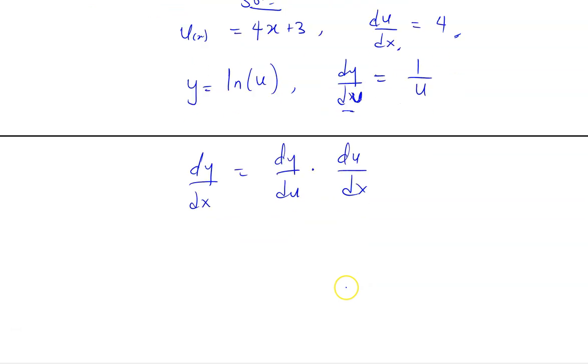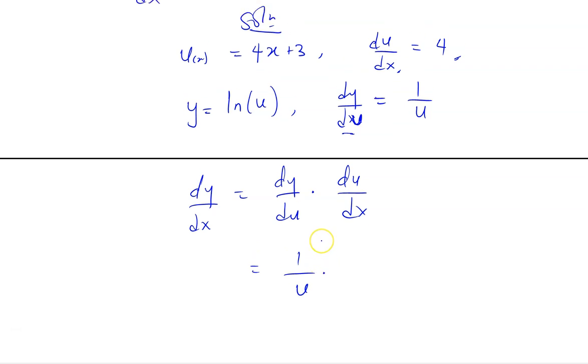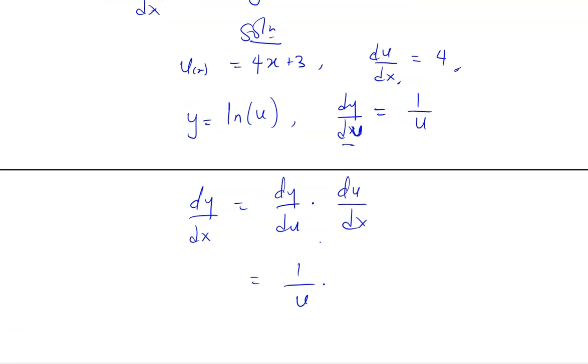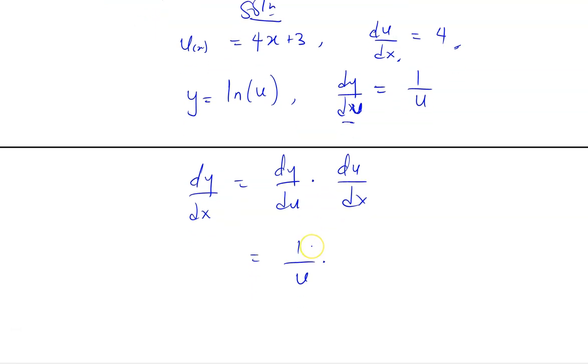So now what do we have? dy on the du is giving us 1 on u multiplied by du on the dx, which is giving us 4. So u was giving us, but u was giving us what? 4x plus 3.